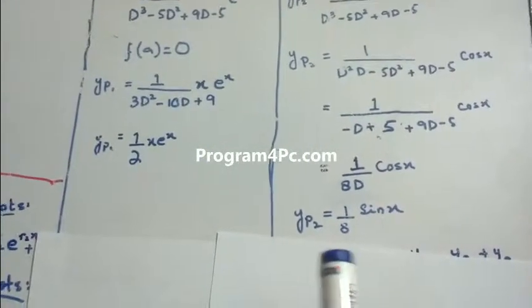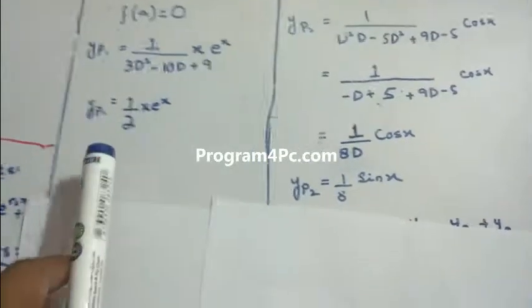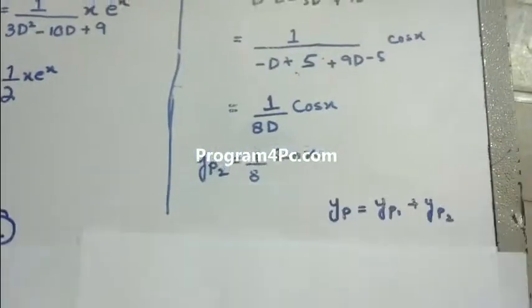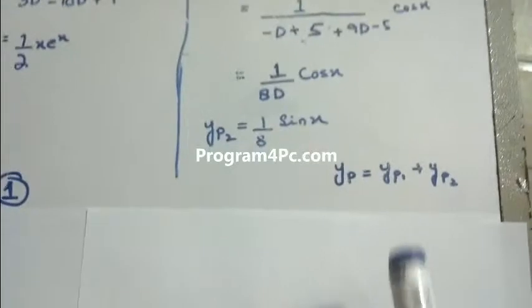For the complete solution, we put these values: y sub p equals y sub p1 plus y sub p2.